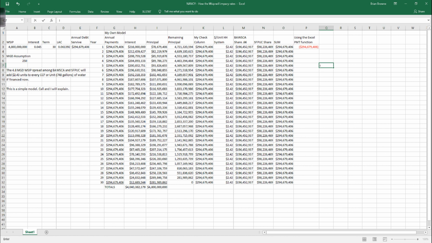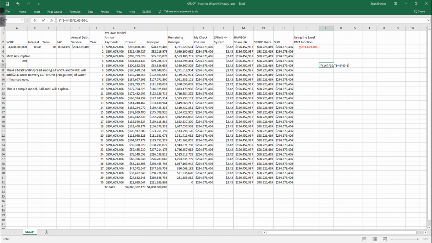It's the interest rate times 1 plus the interest rate, and you raise it to the power of 30 if you're going to do it annually, and you divide it by 1 plus the interest rate, and you raise that to the power of 30, and you subtract 1, and it gives you this level annualized cost factor, which you then multiply against the amount you're assuming the WESIP will be, and it will tell you what payments you will have to make over 30 years, and they're all the same, to repay that debt.